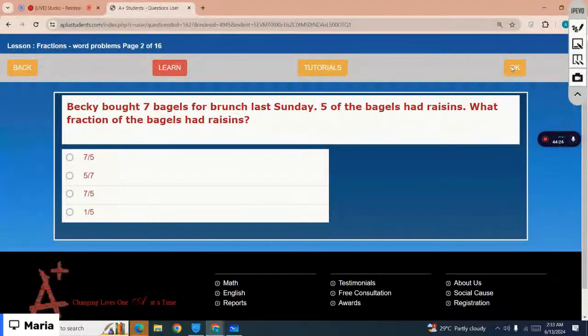That is 5 out of 7 because the total bagels were 7. 5 of them had raisins, so that would be 5 out of 7. Got it?